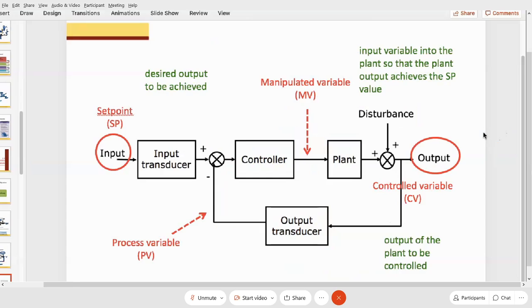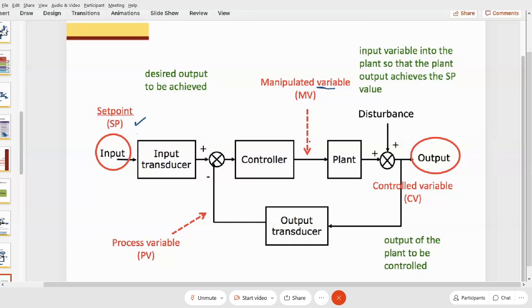Okay, so there are a few variables, a few parameters that you need to understand when we draw the block diagram of an open loop or closed loop control system. One is the set point. The set point is the input setting, such as the setting of your temperature or your flow. Then you have the manipulated variable, which is the output from the controller.